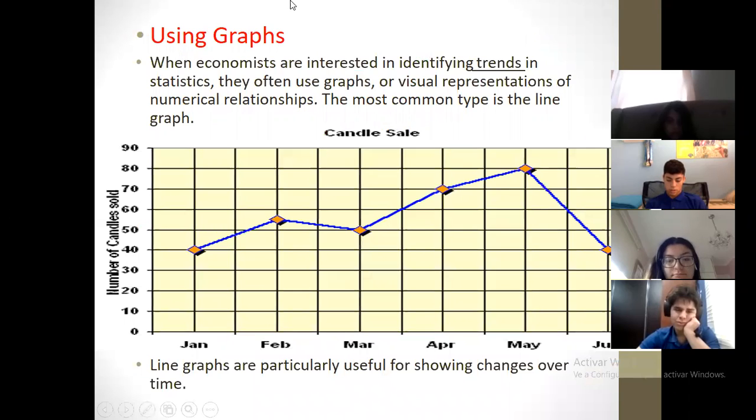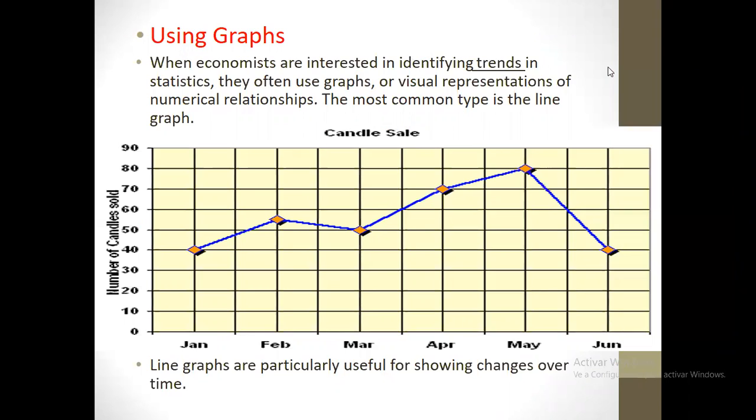Okay, now over here, there is another type of graphic. Remember, there are different types of graphics. There are bar graphics, there are pie graphics or circle graphics, and this one is a line graphic, okay? Using graphics, when economists are interested in identifying trends, trends means tendencias.